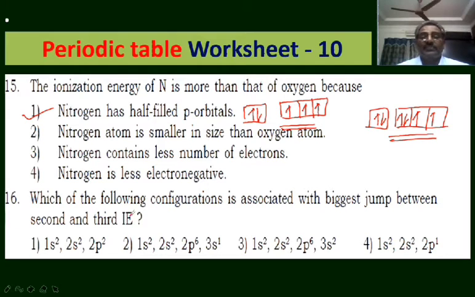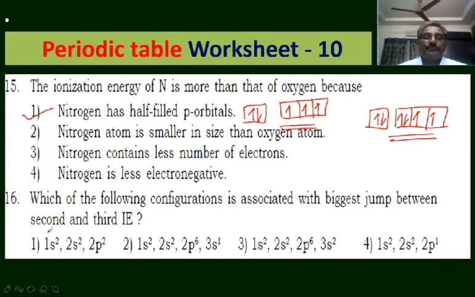Next, which of the following configurations is associated with the biggest jump between second and third ionization energy?